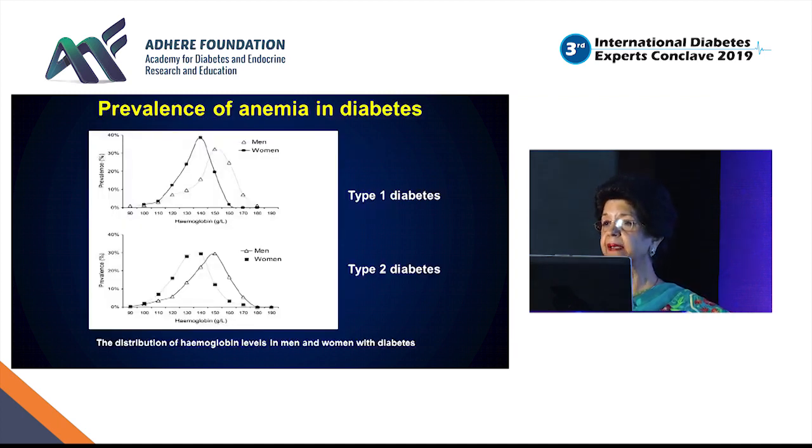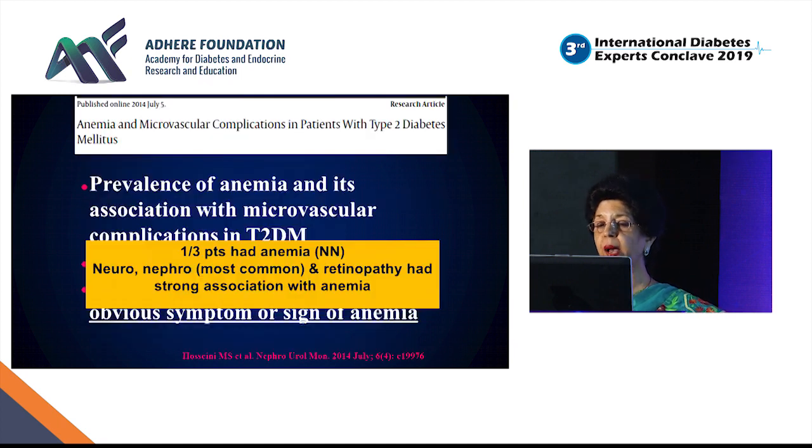Both type 1 and type 2, whether it's men or women with diabetes, have a greater prevalence of anemia. In this study, it was shown that 1/3 had a normocytic normochromic type of anemia, along with microvascular complications.